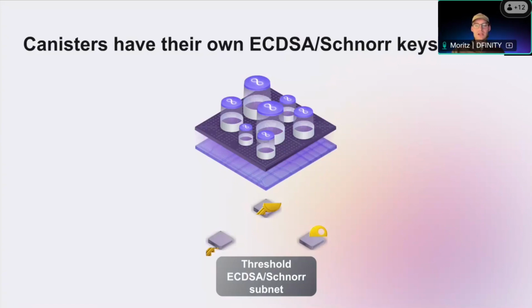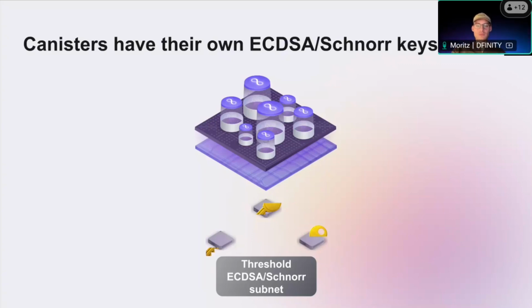So that means that there are more nodes in the subnet than in usual regular application subnets. And if a smart contract, or if the network or the subnet in general, wants to sign a message, all the nodes in the subnet must coordinate to generate that signature in a distributed fashion.